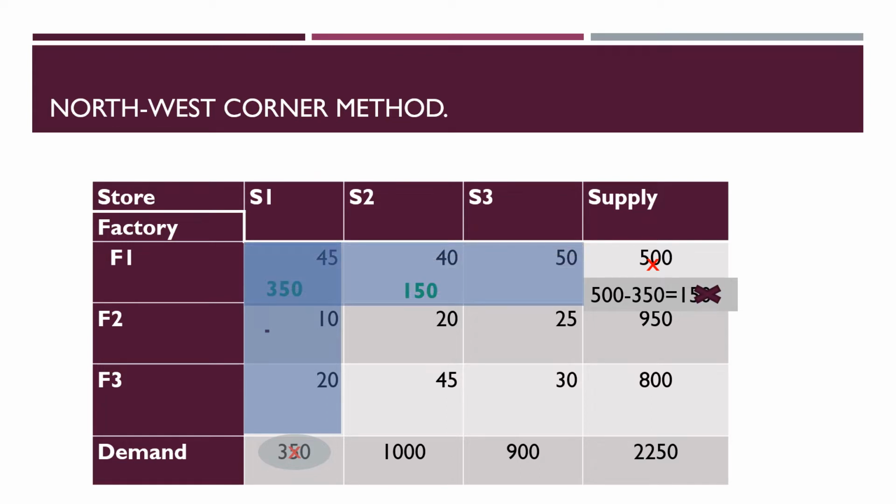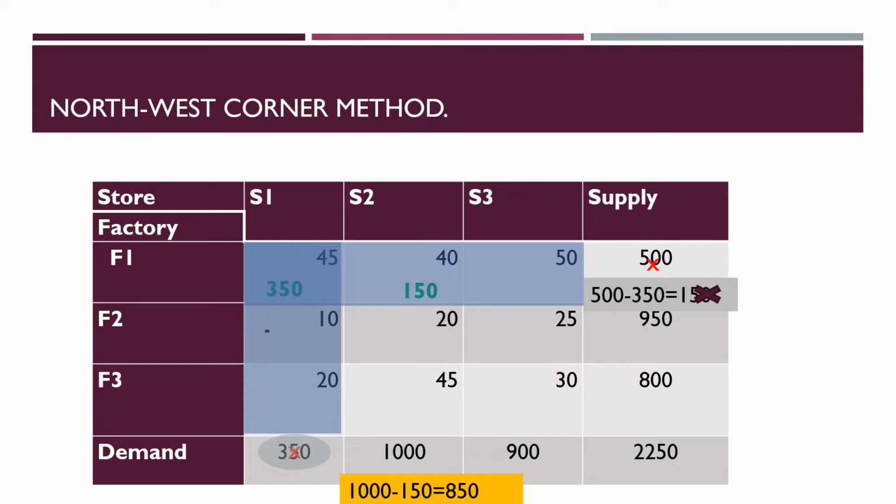Then, out of these 4 cells, what is the next northwest corner cell? That is F2 S2. How much of quantity we can allocate? When we allocate 150 from F1 factory to S2, S2 only need 850. Then this 850 can be allocated to F2 S2 cell because they need 850 units, but the F2 factory can supply 950.